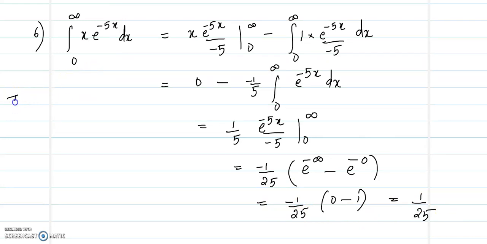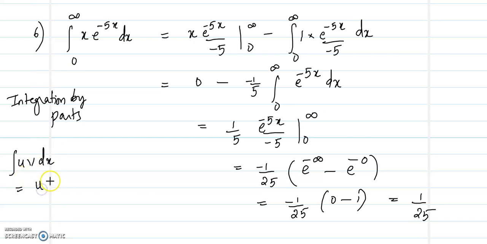So here we will be using integration by parts in this problem. So that is this way. If you have a product, so if you have the integral of uv dx, then the value of integral will be first function into integral of the second, minus the integral of derivative of the first into integral of the second.